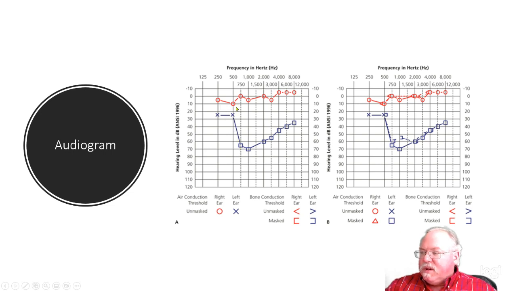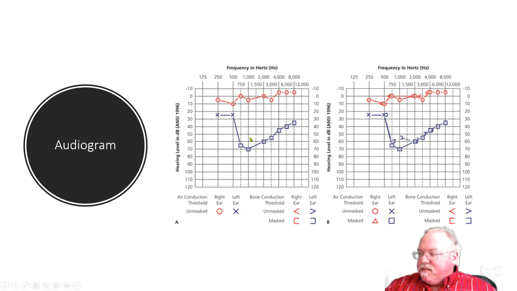For the audiogram in the center, you can see that at 750 hertz in the person's right ear, they can hear sound at a very low volume.